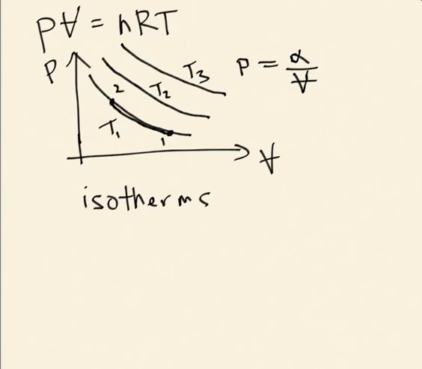Now if I'm not isothermal, and I allow heat either not to flow or not enough heat to flow to keep the temperature the same, I can cut across isotherms. So I might end up over here, and the pressure might go up more than expected as I compress it. But isotherms are lines of P equals 1 over V with different coefficients set by the temperature. The coefficient is nRT.